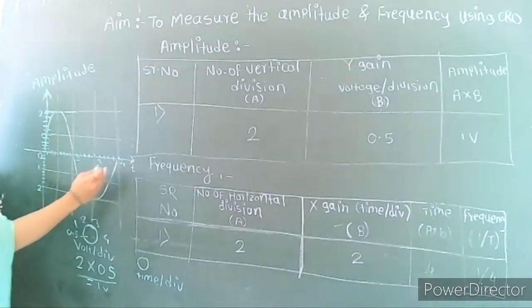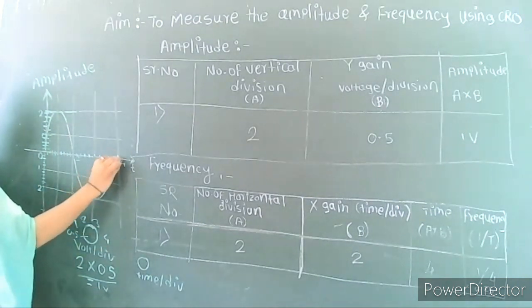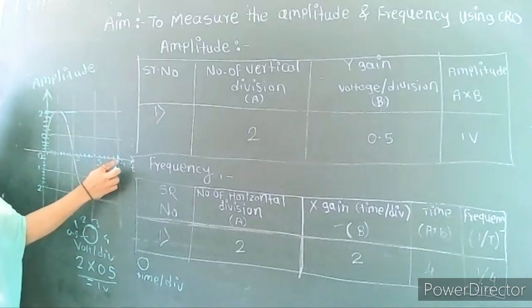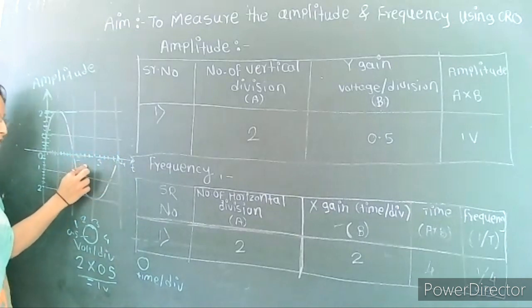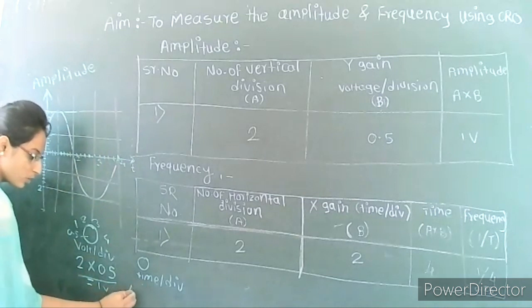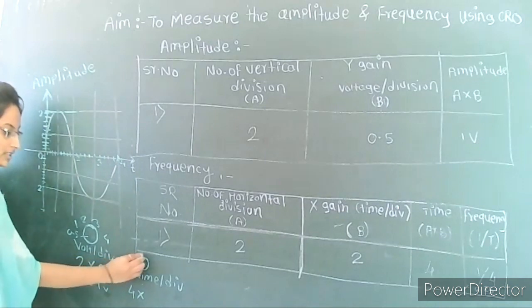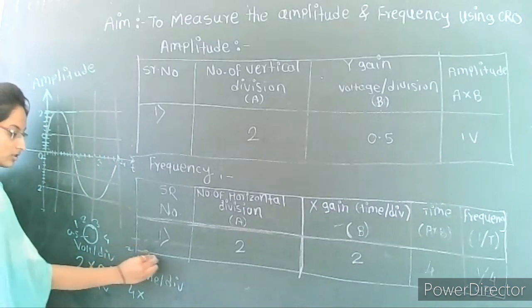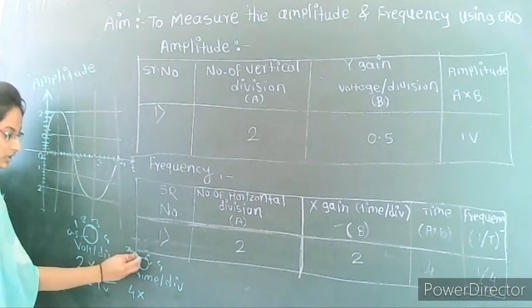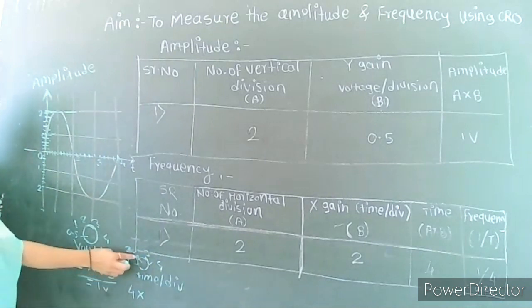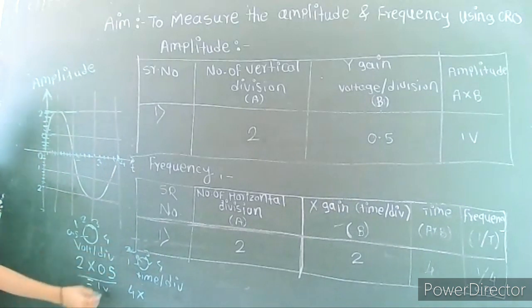So to measure the time, suppose this time per division knob is set on 2.